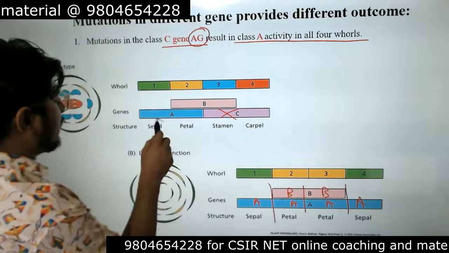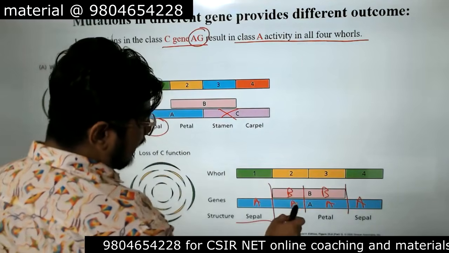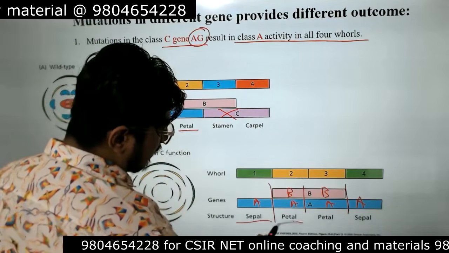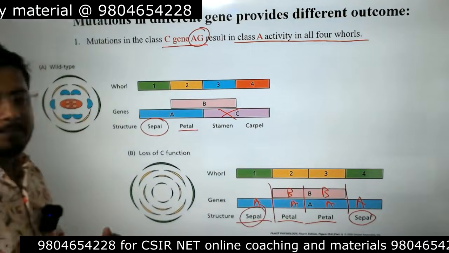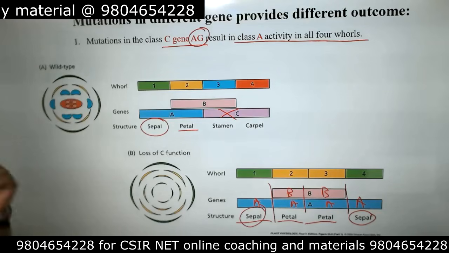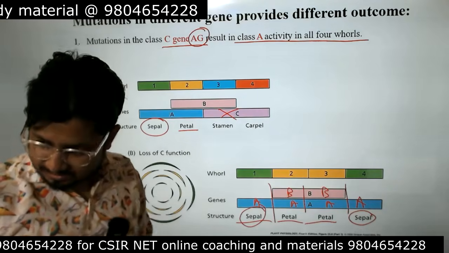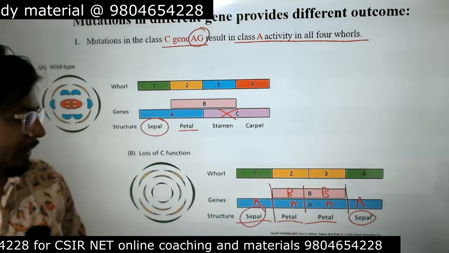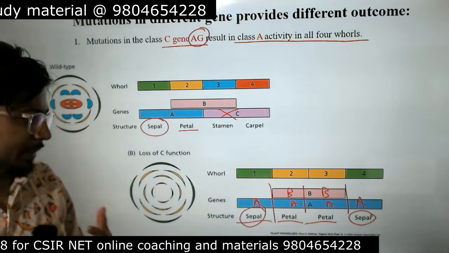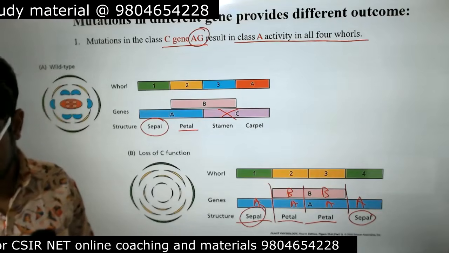A only means sepal, A plus B, petal. As a result of Agamous mutation, or class C gene mutation in flowering, we end up forming two different types of whorls, two sepals and two petals, right? Stamen and carpel are missing.